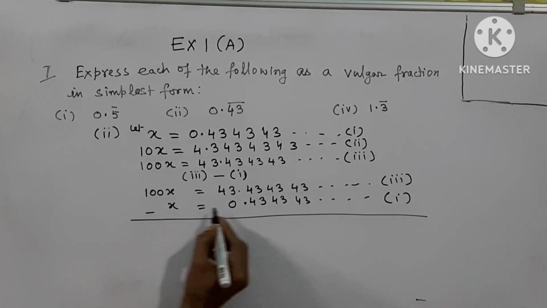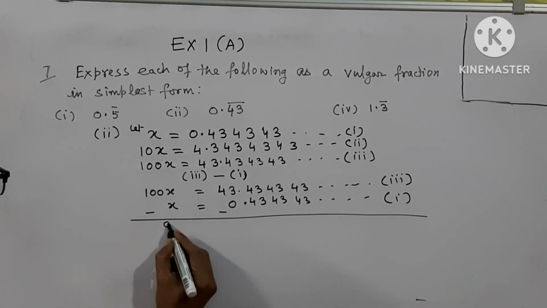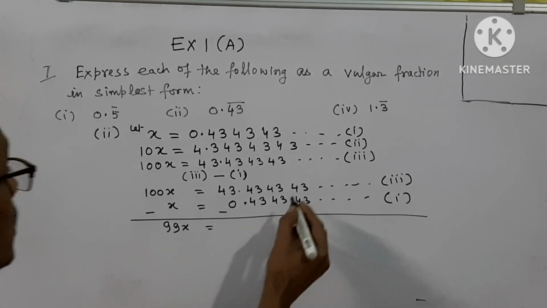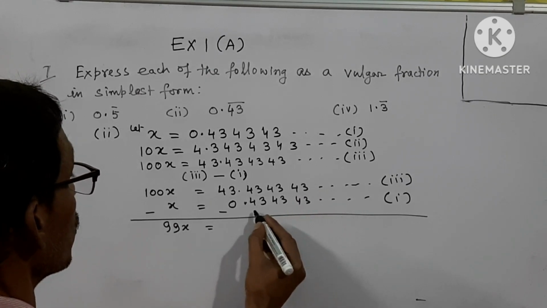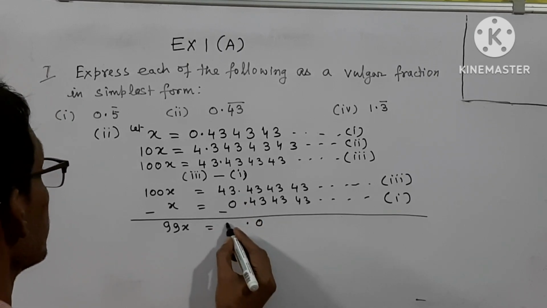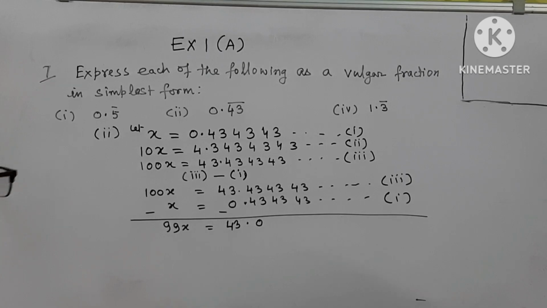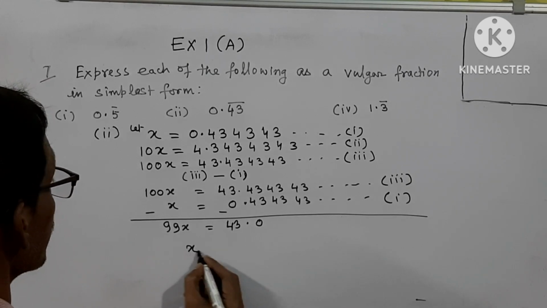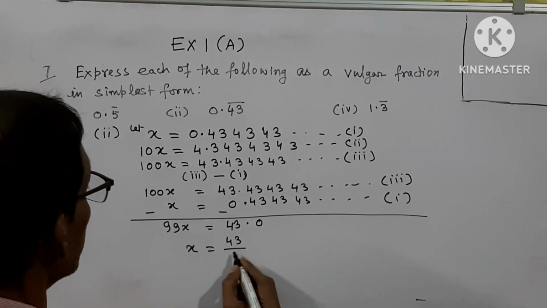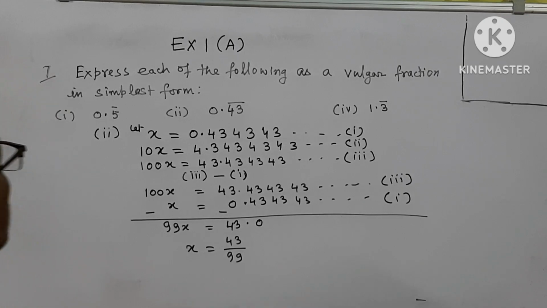So it is becoming 99x equal to, the right side all gets 0, you can see 0, and here it is 43. This you can write as x equal to 43 by 99.